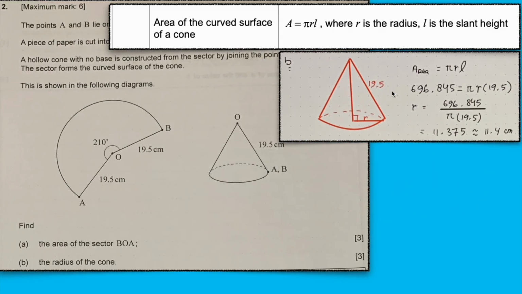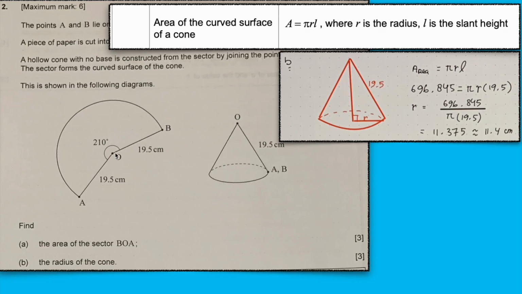Again, we have calculated the area of the curved surface of a cone, which is equal to the sector area BOA calculated in part A, this one here, and equate that to pi r l. The radius here is the radius of the base, not that radius.